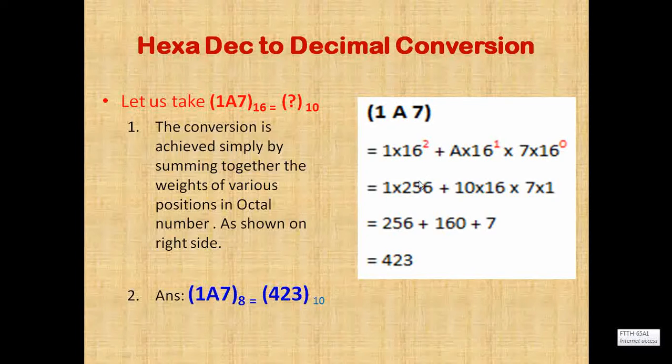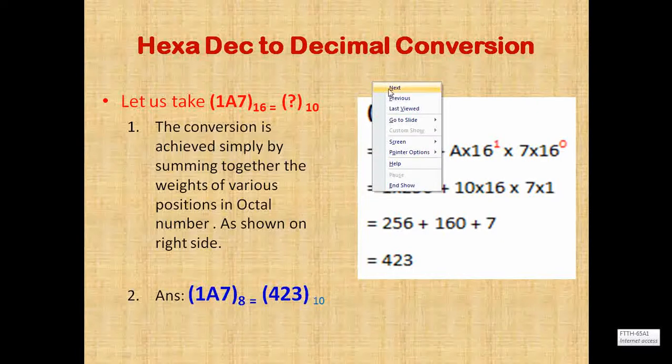So 16 to the power 2 is 256, 16 to the power 1 is 16, and 16 to the power 0 is 1. Now when we solve this, we get 256 plus 160 plus 7, and finally we get 423. So this is how we can convert numbers from decimal to hexadecimal and from hexadecimal to decimal in the case of integer numbers or whole numbers.